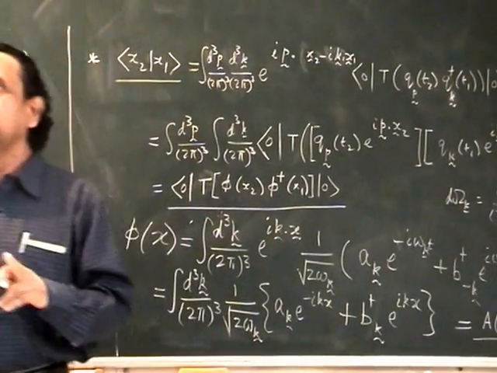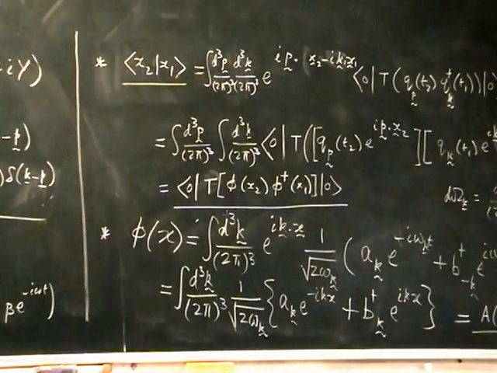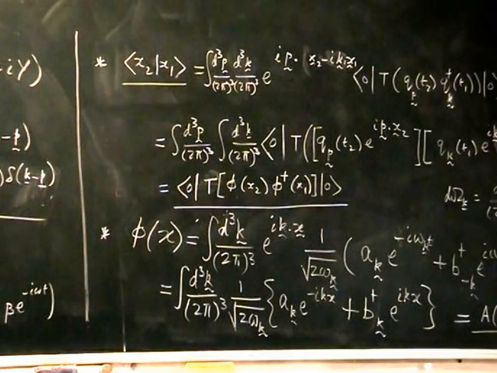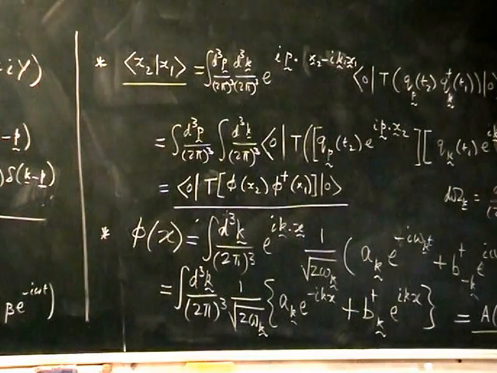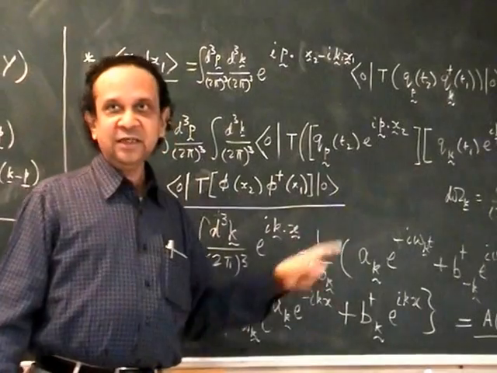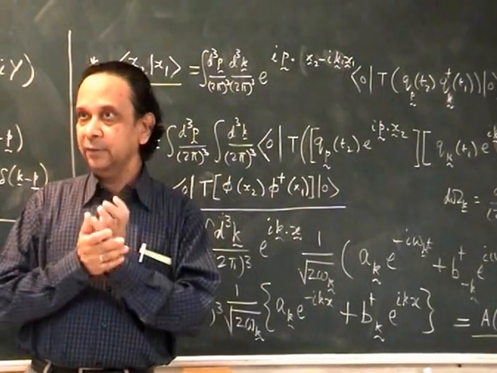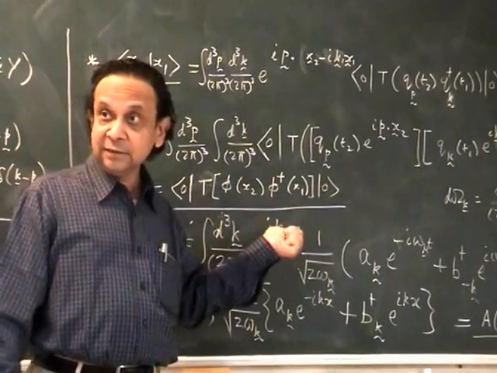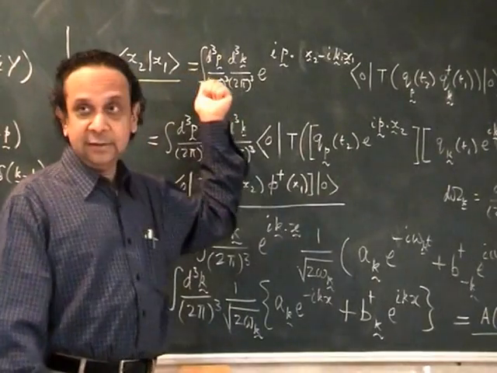So now I have a completely different alternate interpretation of what the propagator is all about. The amplitude for a relativistic particle to go from x1 to x2 can be thought of as the expectation value of a time-ordered operator. So if we understand this, maybe we will understand this.